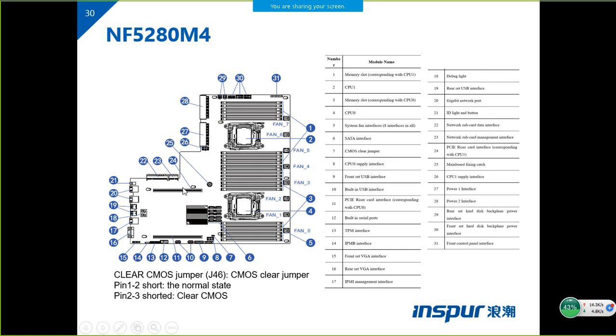Also this PCIe belongs to CPU 1 and this PCIe belongs to CPU 0. So it means that if there is only one CPU, you can't install the PCIe, or almost you can install but it doesn't work. So that's for the PCIe.